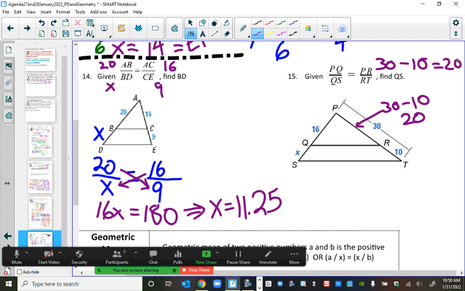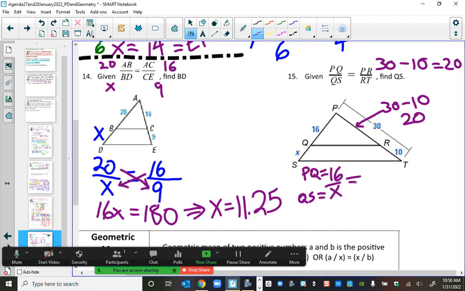Now, this is not going to be bad at all. Because now you can substitute. Because what is PQ? Well, we know what PQ is. That is 16. PQ is 16. QS is X. Yep.